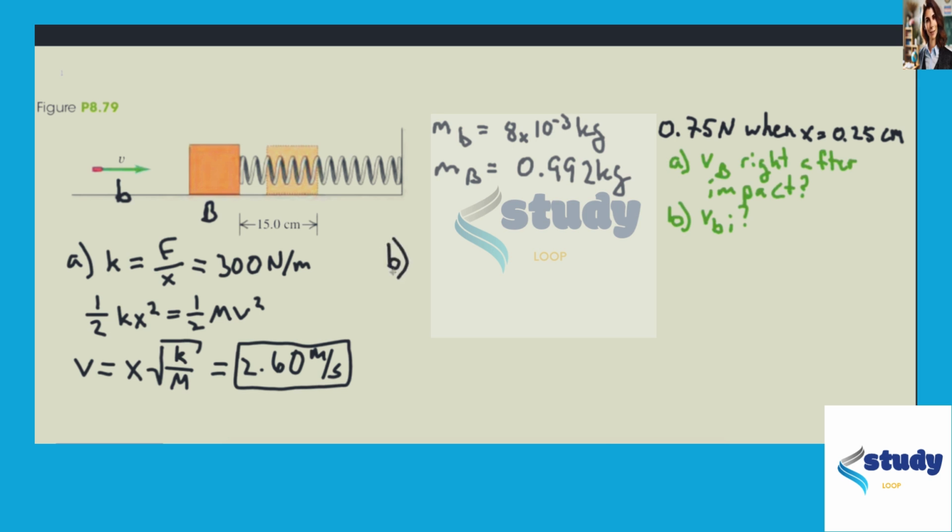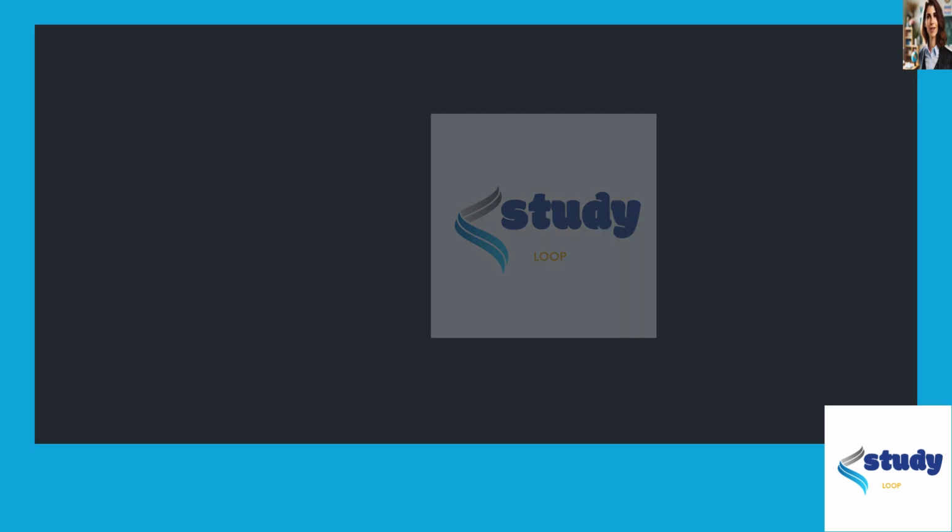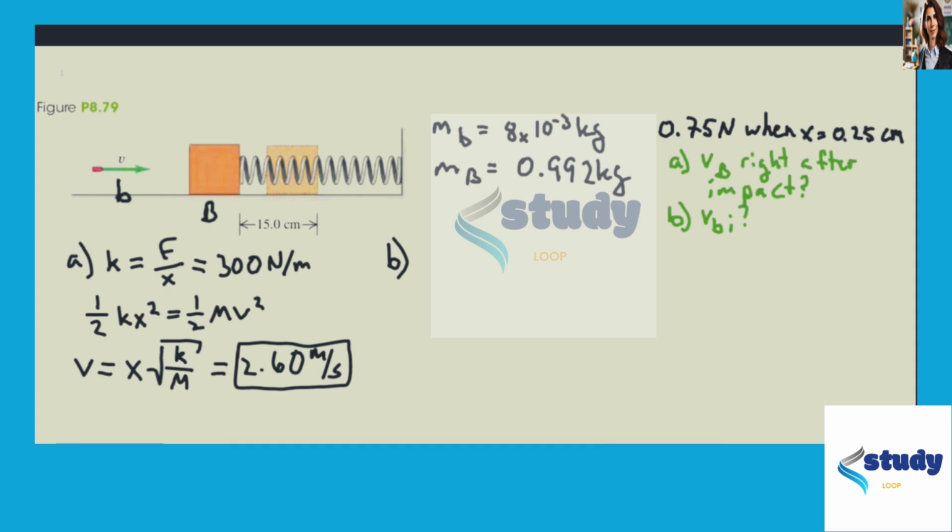Now we want to use the conservation of momentum. We know what the speed was of the combined thing, so the mass of the bullet times the bullet's speed before the impact has to equal the mass of the block and the bullet combined times the speed after the impact.